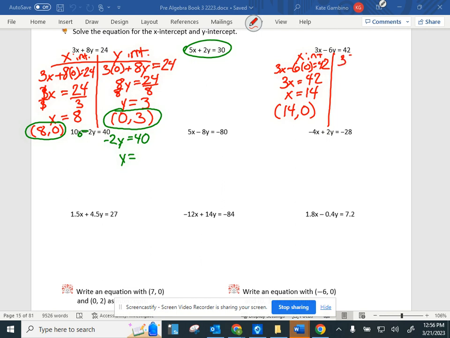This time it's 3 times 0 minus 6y equals 42. So what do I write for my next step? How do I solve this, Evelyn? 3 times 0, so 6 times y equals 42. So you said 6 times y equals 42. Divide both. Oh, what very important thing did we forget?